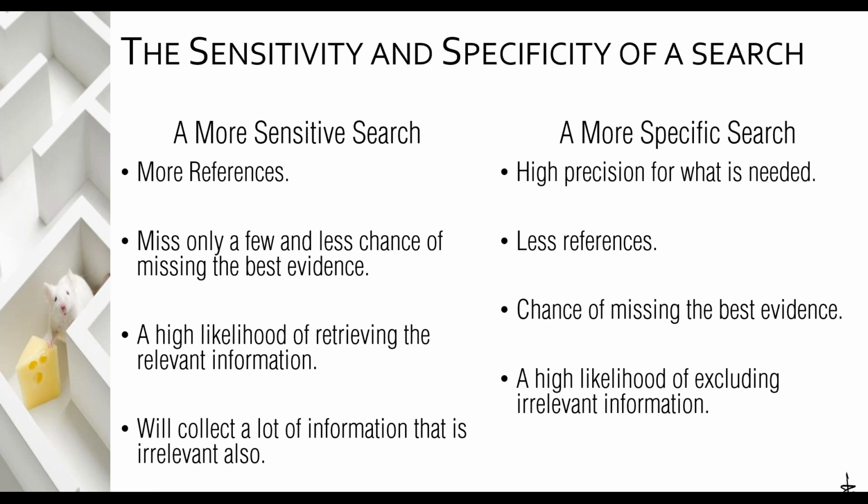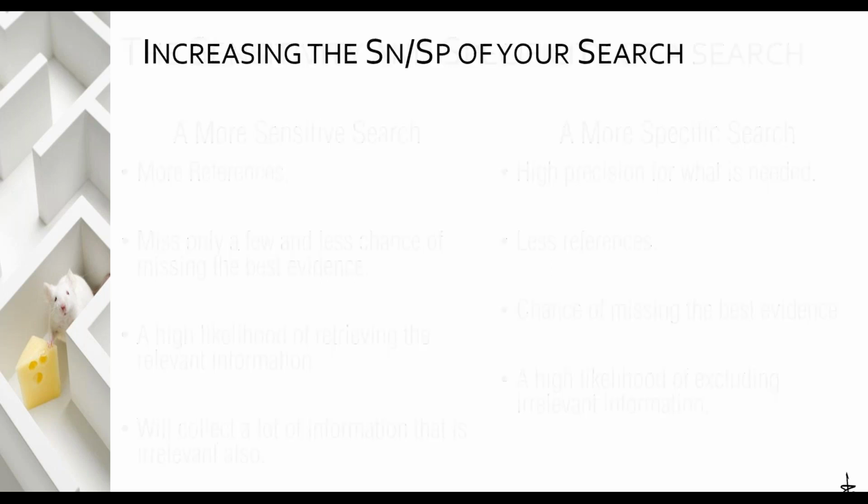The more specific a search is, the more precise it is, and the fewer studies there are. You might miss something important to you, but you'll have a lot less junk than with a sensitive search.